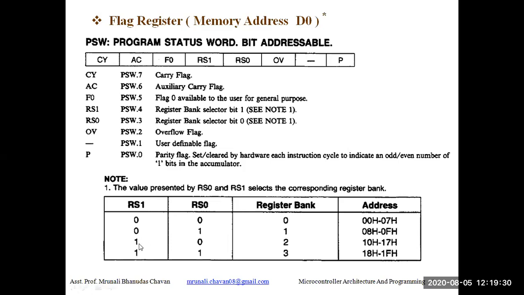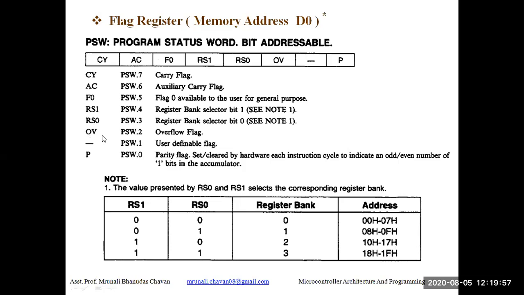If bits are as RS1 is 1 and RS0 is 0, then bank 2 will be selected, that is the internal RAM memory address 10H to 17H, and if both the two bits are 1, then register bank 3 will be selected, that is the RAM memory address 18H to 1FH will be selected.